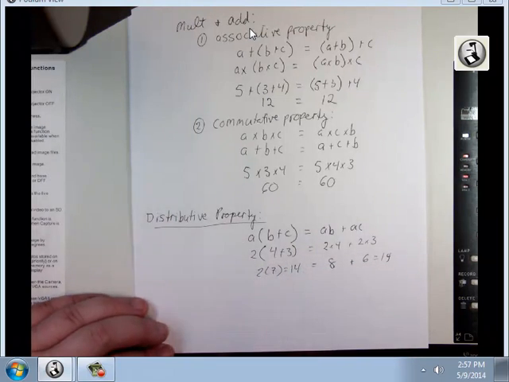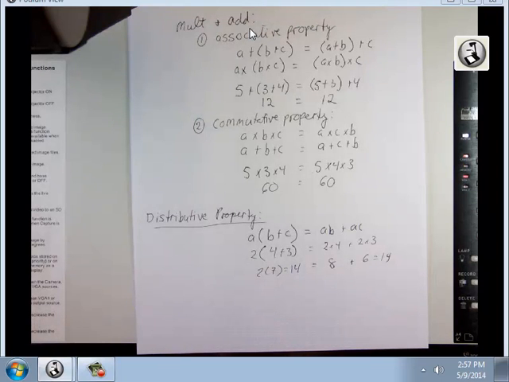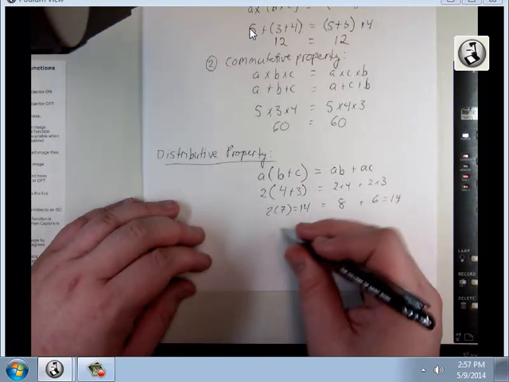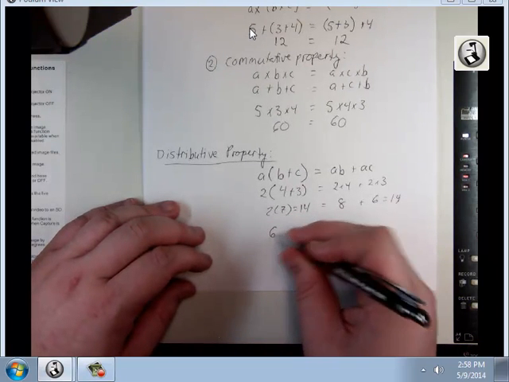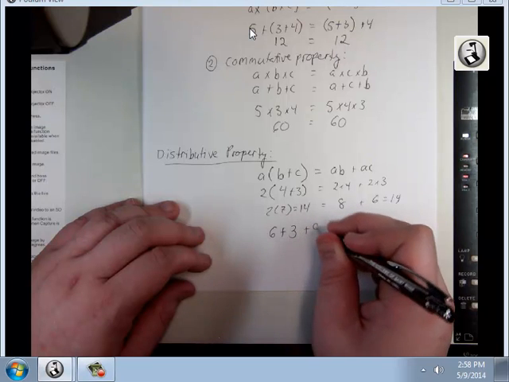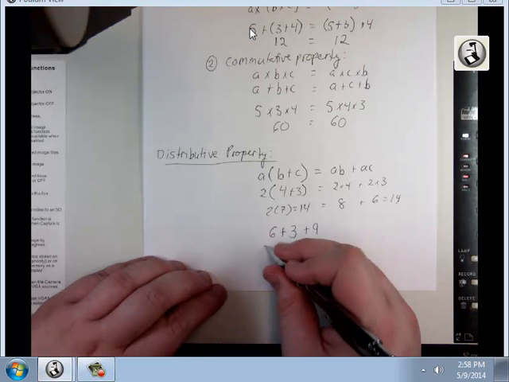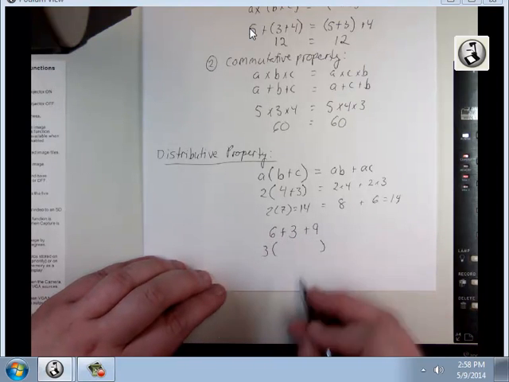Where distributive property is going to come into play mostly is when we talk about factoring. Okay, that's an evil word for some people. But here's what we're going to limit to for the purposes of this video. Let's say I gave you 6 plus 3 plus 9. There is a number that goes into all three of those that I could divide out, and that's 3. So I could rewrite this actually as 3 times 2 plus 1 plus 3.